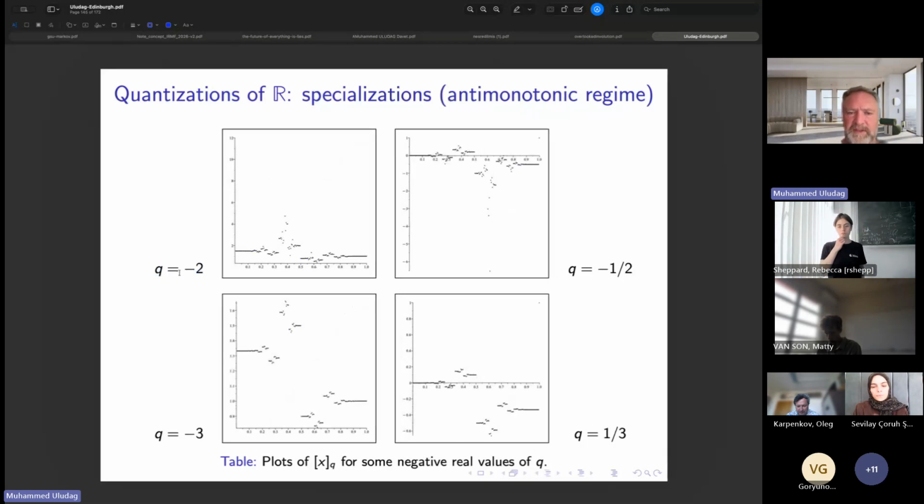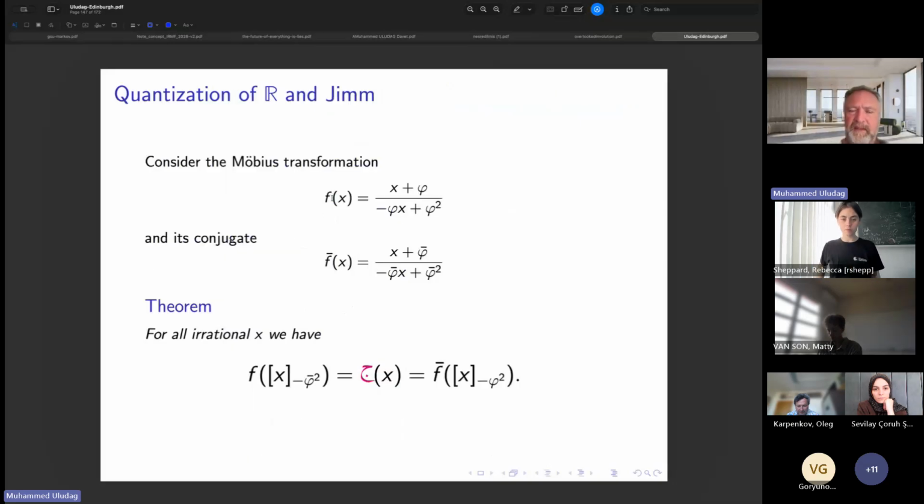However, if we set q to a negative value, which we call the anti-monotonic regime, we get something weird, very strange functions with many, many jumps. And especially when q is minus 3, this plot looks suspiciously similar to the plot of the Jimm. In fact, this is how we discovered the next theorem.